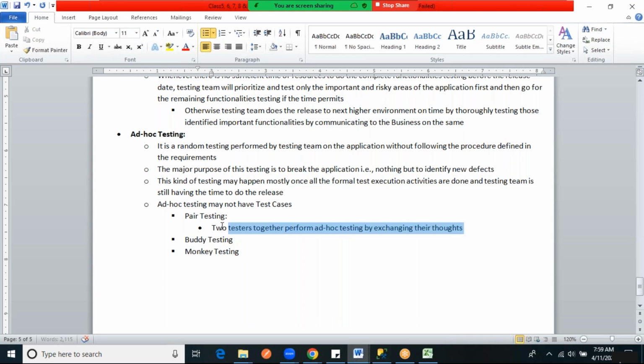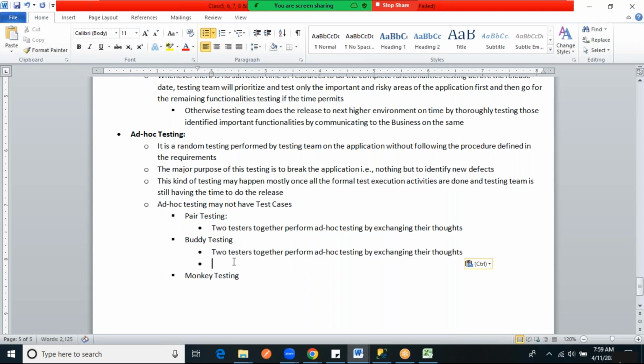Same here, what is buddy testing? One tester and one developer together perform ad hoc testing.